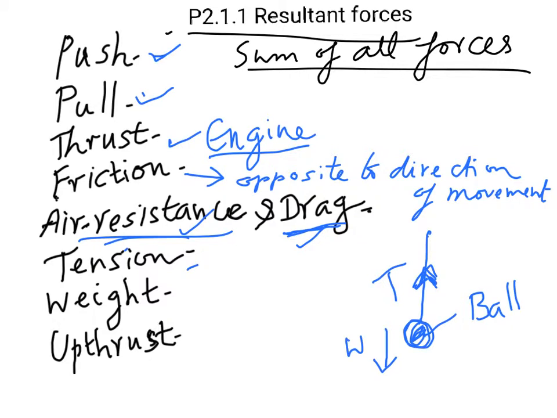Weight acts on a surface or on Earth or on any other planet, except in deep space. In empty space, there is no weight. But if the object is on the surface on Earth anywhere, weight acts straight downwards towards the center of the Earth. So that is something to remember.